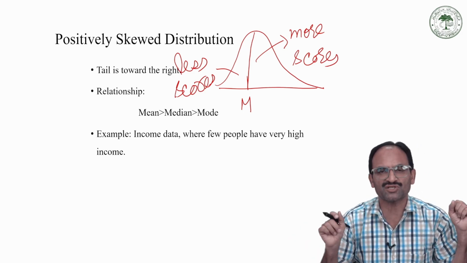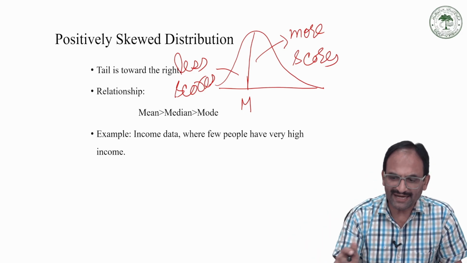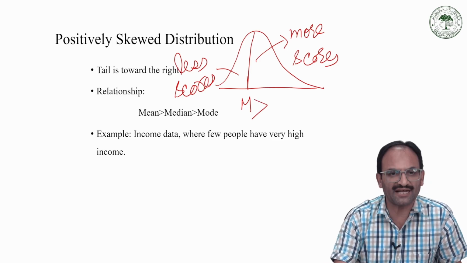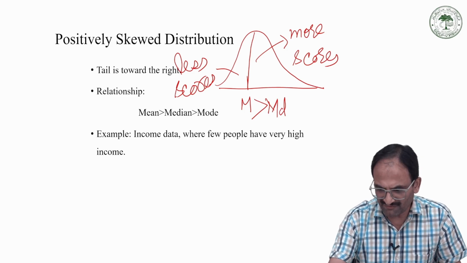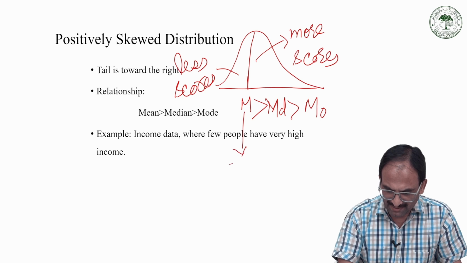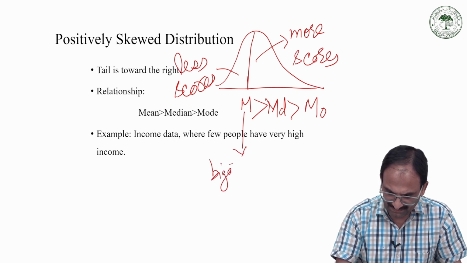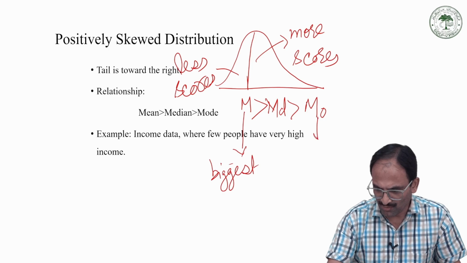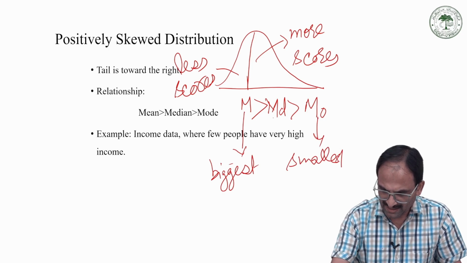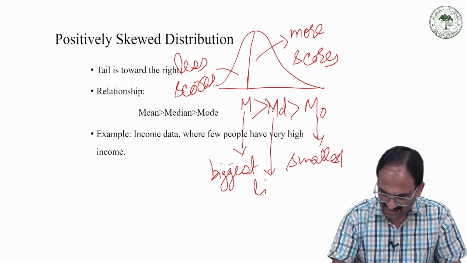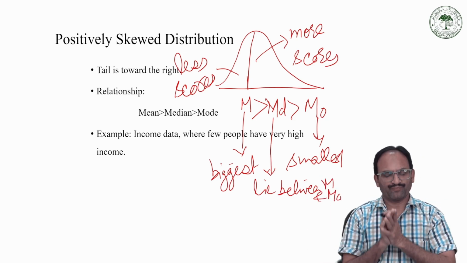In such a situation, always remember that mean will be greater than the median, and median will be greater than mode. That is, mean will be the biggest value and mode will be the smallest value, and median will lie between mean and mode. Let me explain.